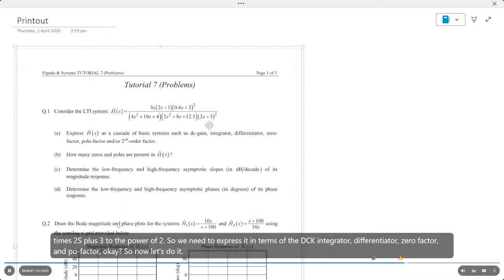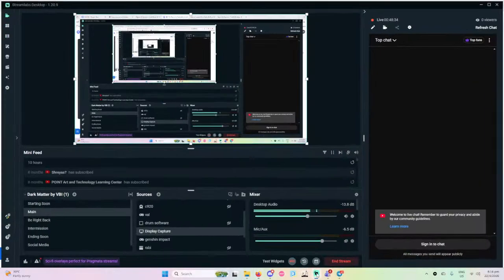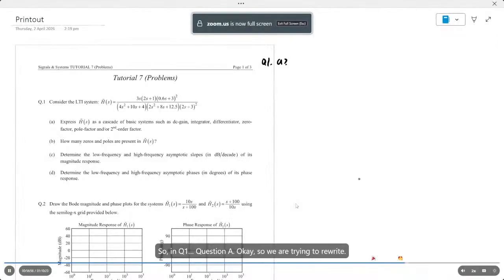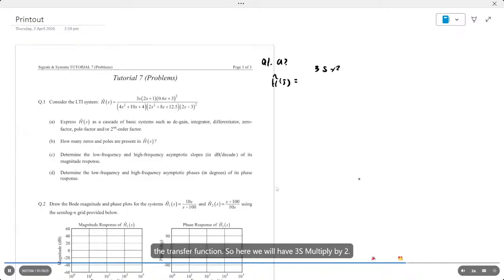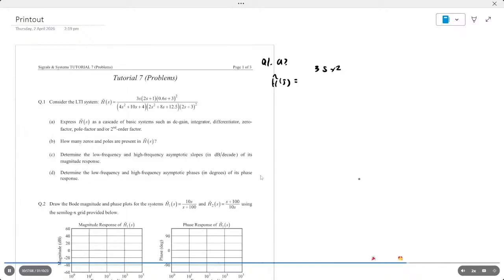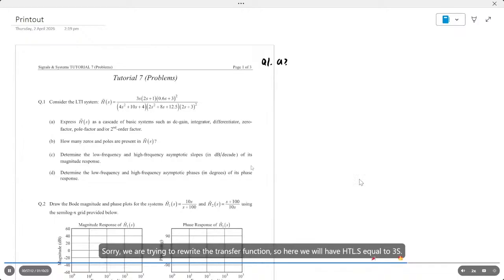Okay, so now let's do it. So in Q1, question A, we are trying to rewrite the transfer function.